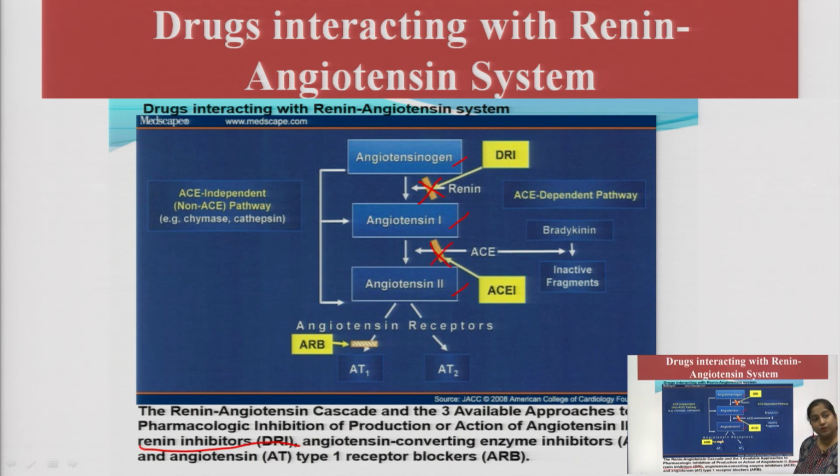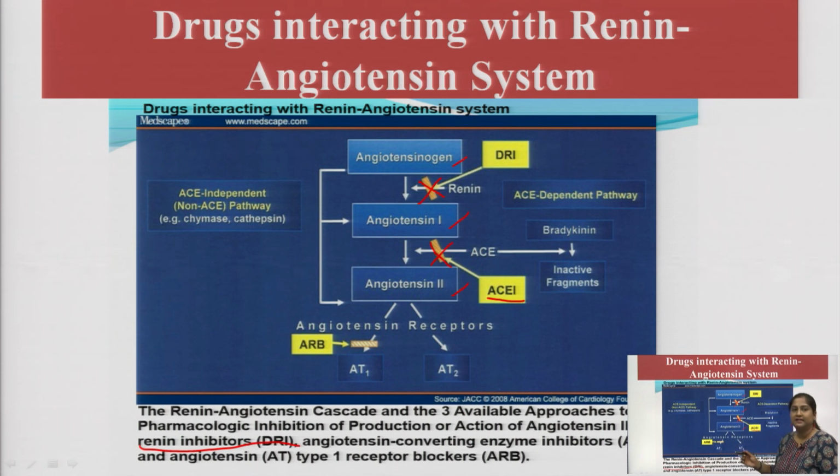So, what we can use here is ACEI, that is angiotensin converting enzyme inhibitors. We use those agents to stop the conversion of angiotensin 1 into angiotensin 2, and if this does not happen, there is no production or very little production of angiotensin 2.